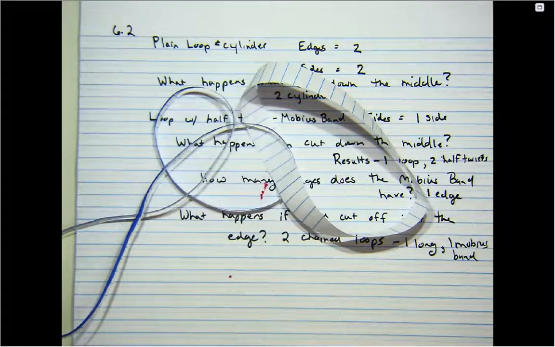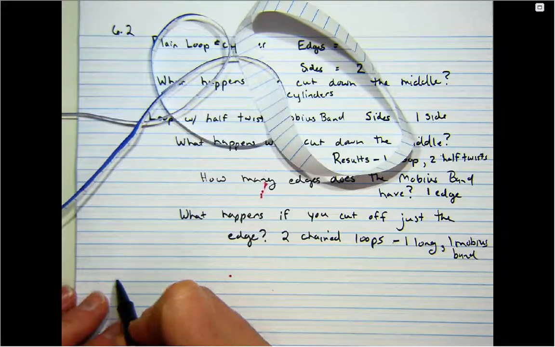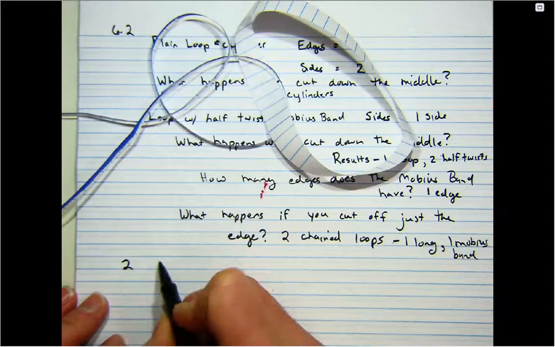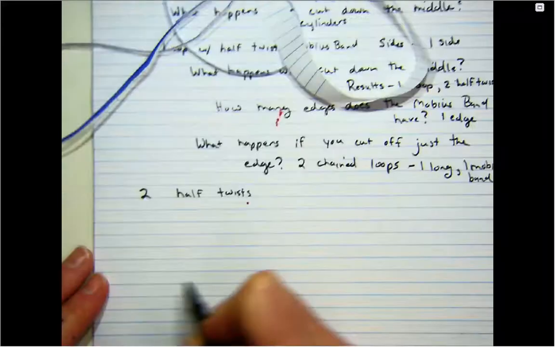So we're making models and we're experimenting, and we can continue with that. We can make two half twists or three half twists. I think we'll do half the room with two half twists and half the room with three half twists, and that'll make things go along a little faster, okay? So let's continue on.